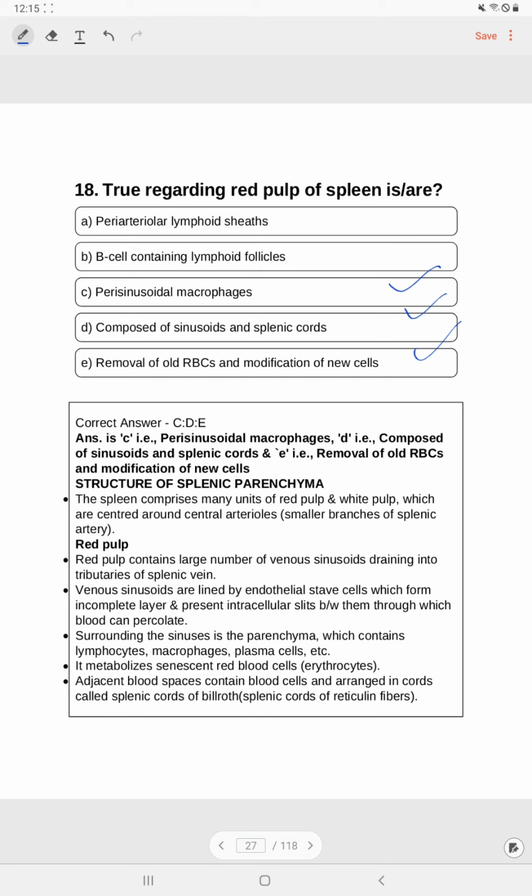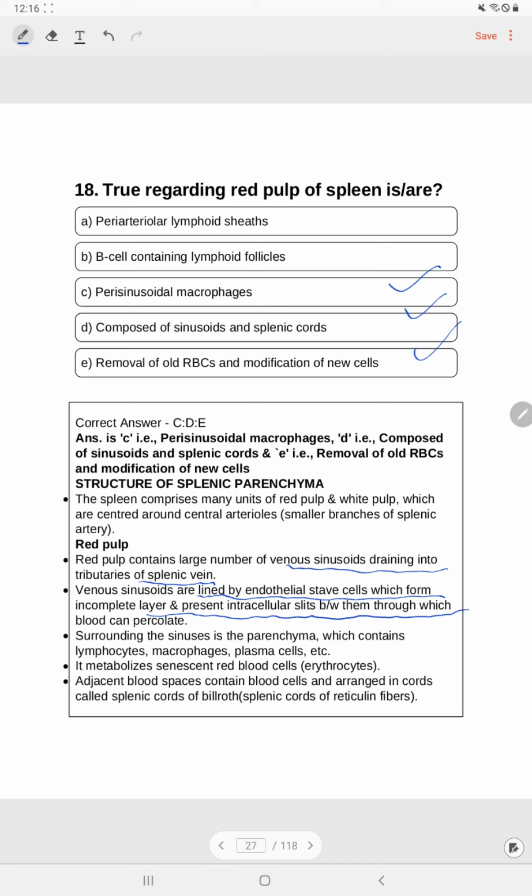Structure of splenic parenchyma. The spleen comprises many units of the red pulp and white pulp, which are centered around central arterioles, smaller branches of the splenic artery. Red pulp contains a large number of venous sinusoids draining into tributaries of the splenic vein. Venous sinusoids are lined by endothelial stave cells which form an incomplete layer and present intercellular slits between them through which blood can percolate.